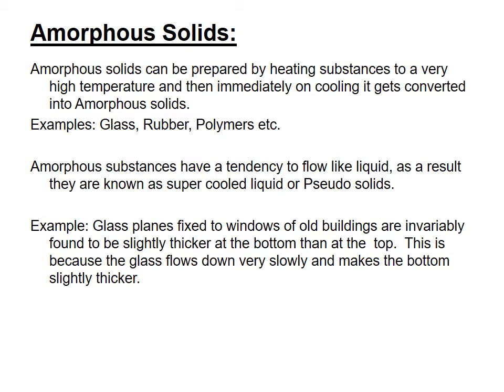That shows that the glass has flown from top to bottom. This flow of the glass indicates that it's a liquid form, but actually it's not a liquid, and that's the reason why the words supercooled liquids or pseudo solids are used.